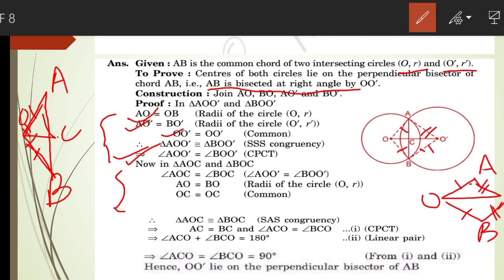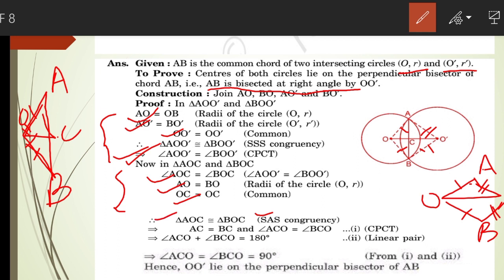The first point is angle AOC equals angle BOC, which we arrive at from the previous CPCT. AO equals BO, that is the radius, and OC is common. So we got 2 sides and 1 included angle. So we can say by the SAS congruency rule, the triangles are congruent.